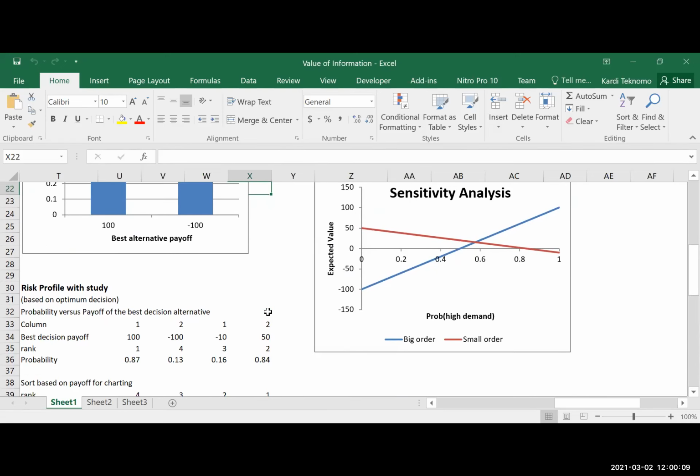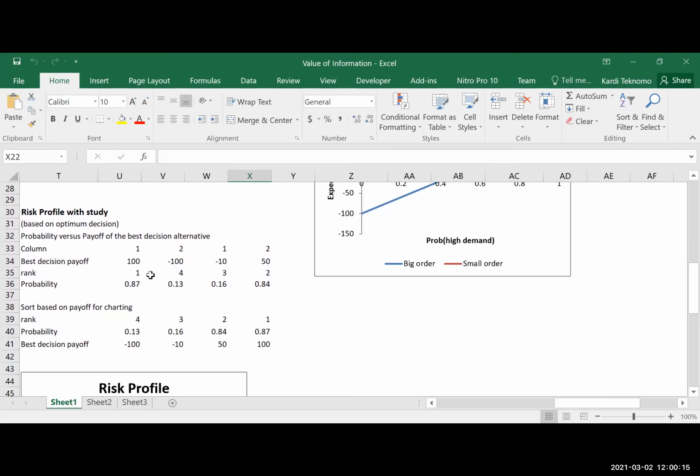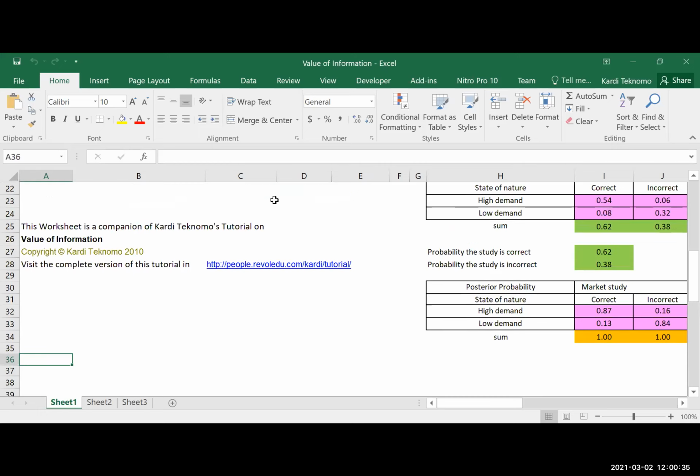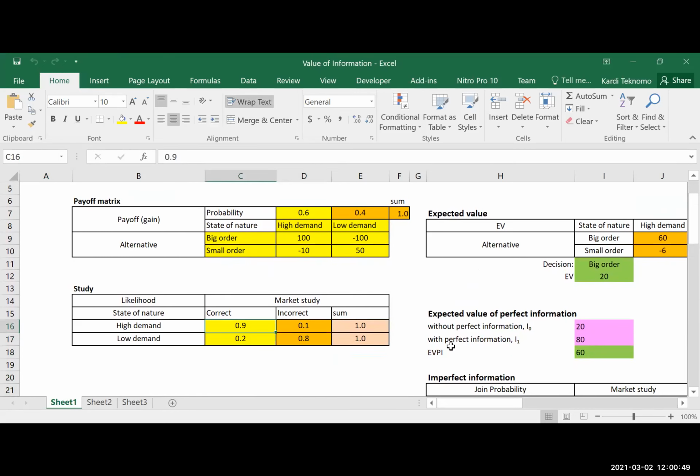Now, if you do it with market study based on optimum decision, you will have this result: 100, minus 100, minus 10, and 50. And these are the probability. This probability is coming from here. So this is your result, the payoff. The one in yellow is the one that you input.